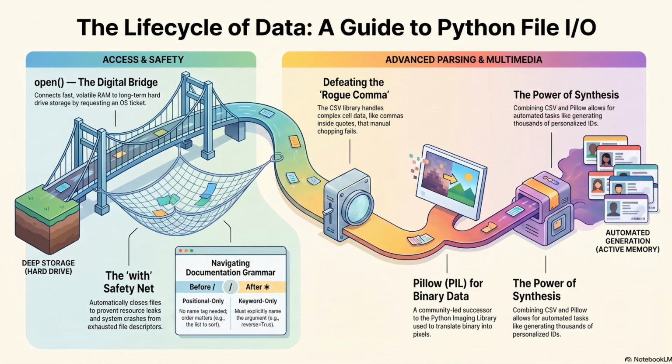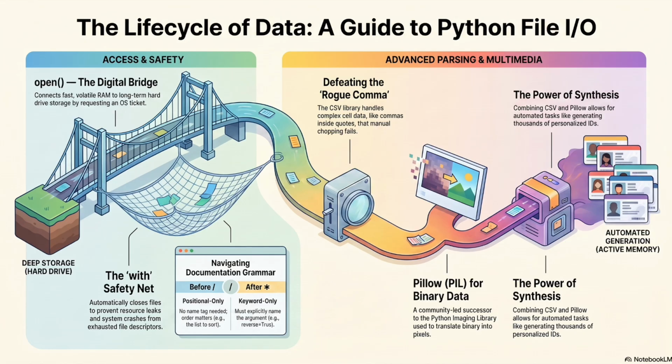And the slides start with what seems like the most intuitive command possible, the open function. The slides specifically point us to the official Python documentation for this, which lives at docs.python.org/3/library/functions.html#open. Quite a mouthful. The reason open is the foundational gatekeeper is because your computer operates in two very different physical spaces.